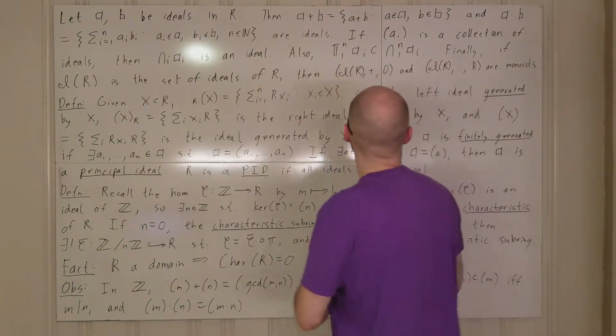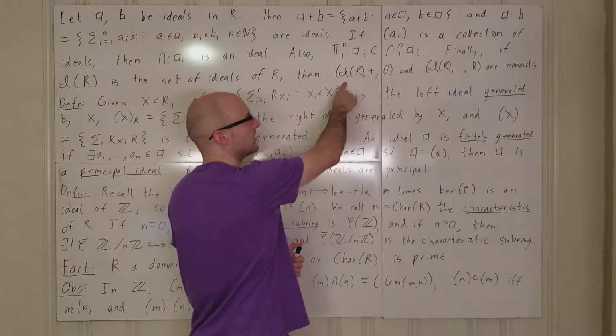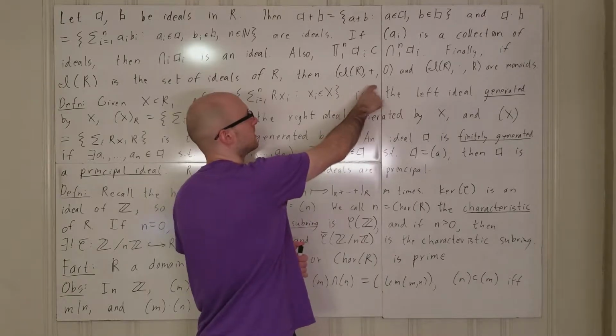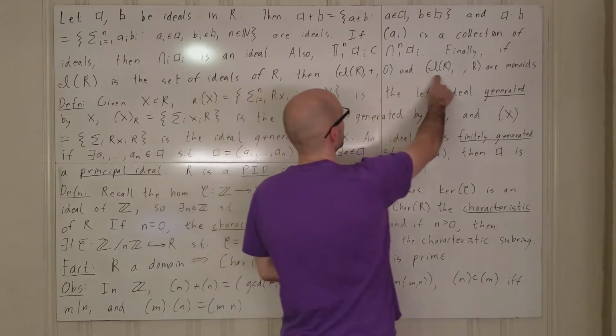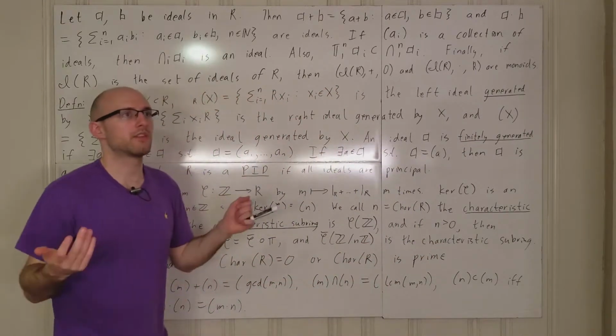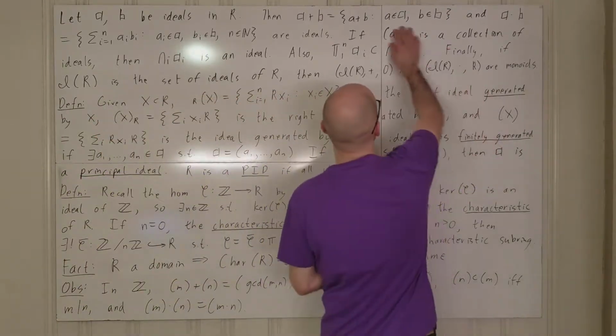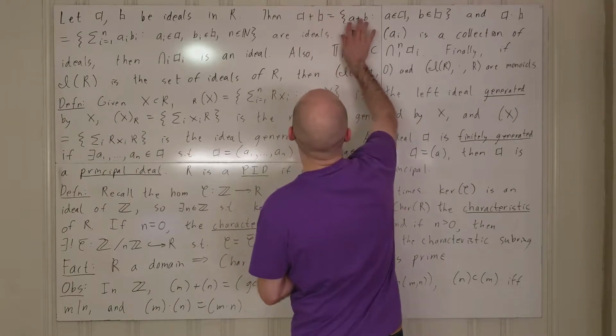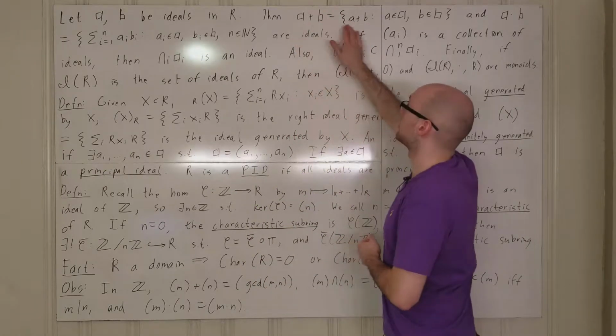And so it turns out that if you consider the set of ideals under addition with identity 0 and ideals under multiplication with R, these are monoids, and in fact they're commutative monoids, because you can see if you were to flip AB, well, certainly this is commutative since addition is commutative.